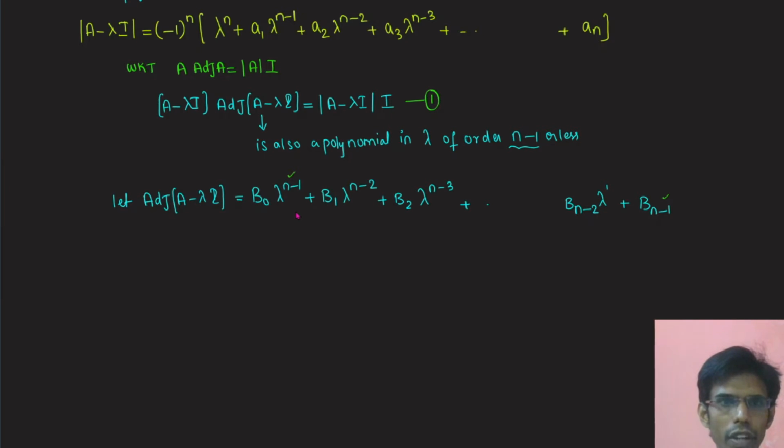Now put the value of adjoint A here. So I'll get A minus lambda I into adjoint of A minus lambda I, and I'll put this value here.